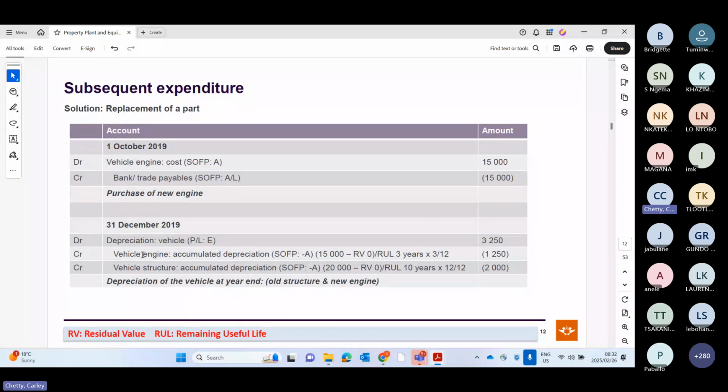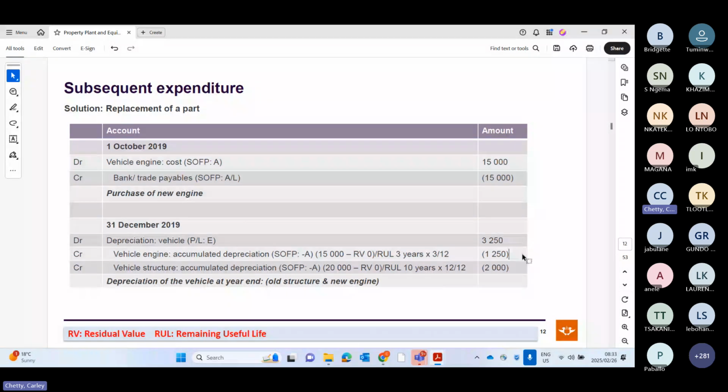We're going to take the cost of 15,000 minus the residual value, which is 0, and the remaining useful life is 3 years, and we had it for 3 months. We bought it on the 1st of October, so we have it for October, November, December, so we need to pro rata it for 3 months. So we're timesing by 3, dividing by 12, and that will give us depreciation relating to the vehicle engine of 1,250 Rand.